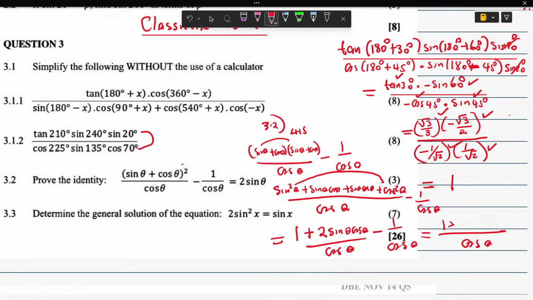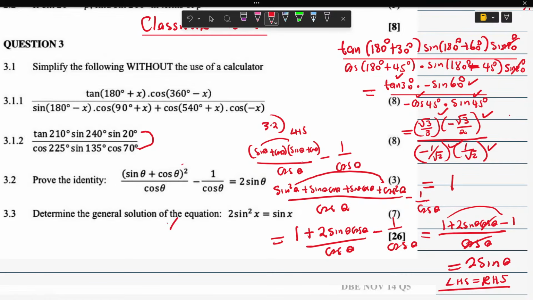Then you'll be left with 1 plus 2 sine theta cos theta minus 1. 1 minus 1 is 0. Cos and cos will cancel. You'll be left with 2 sine theta. Left-hand side is equal to right-hand side. Okay? That is what you are supposed to do on this question. It looks difficult, but it's easy for you to do.